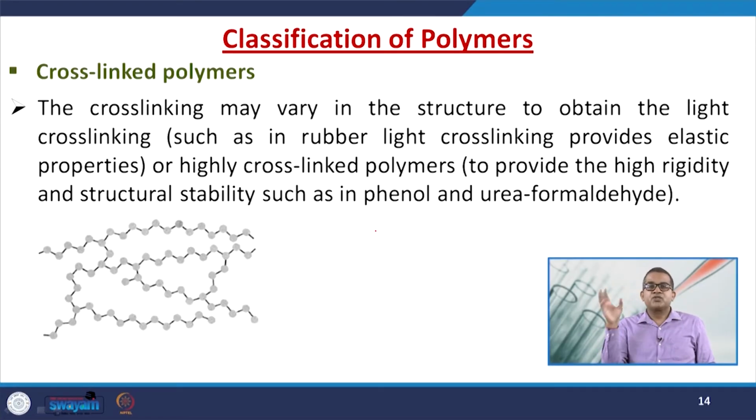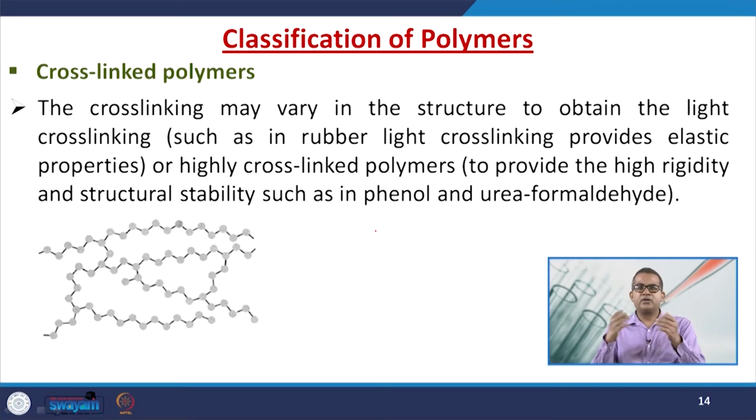You just see, when you discard your used switches, you have no option to either recycle or remelt them into different products. Now they may vary in structure to obtain light cross-linking, like rubber-like cross-linking, which provides elastic properties. The best example is your automotive tire.